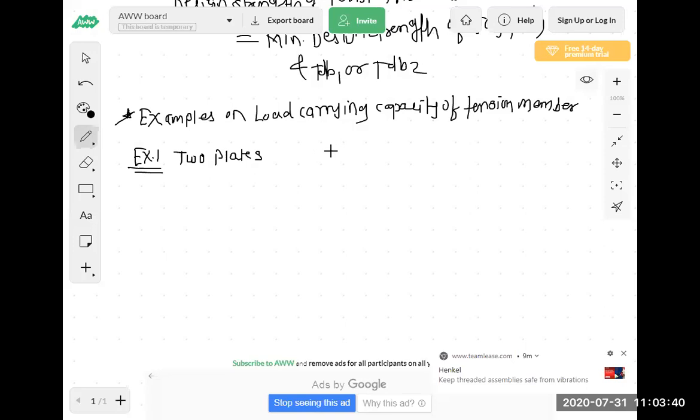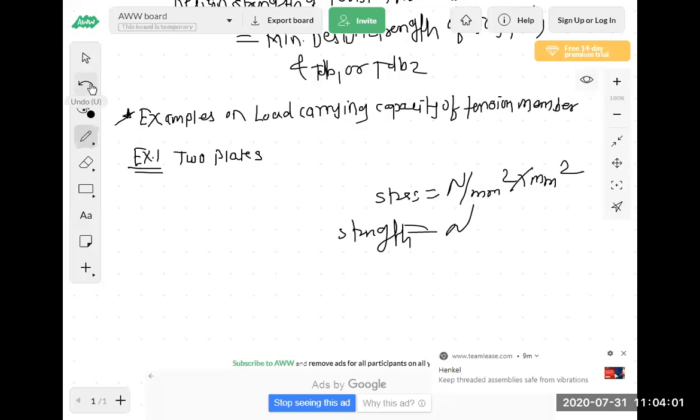Strength is nothing but a value in kilonewton, Newton or kg, and load is also a value in kilonewton or kg. Only stress is a different word, that is in Newton per mm square. And if we multiply this by some area, then you will get Newton, and that is the strength. Are you getting it? So strength and stress are different words, but strength and load are the same word.